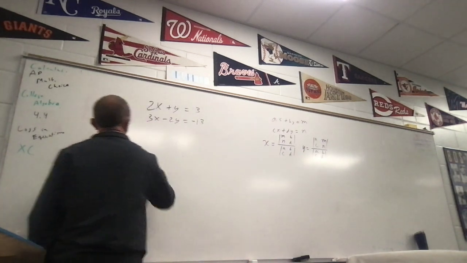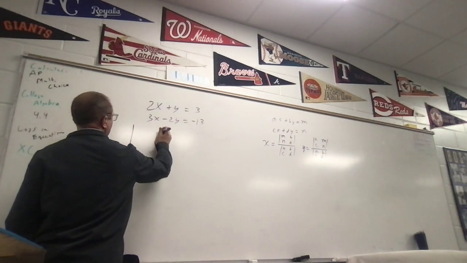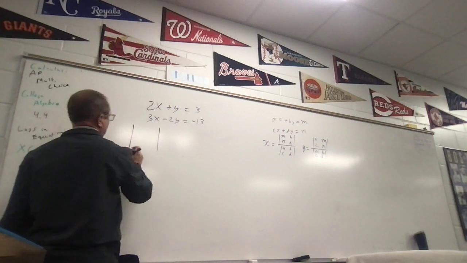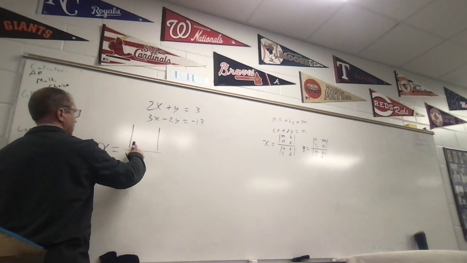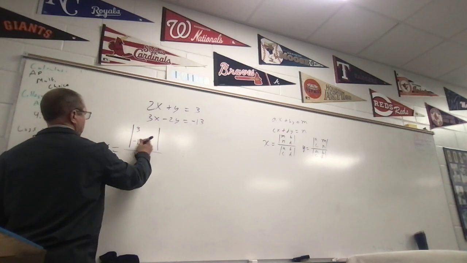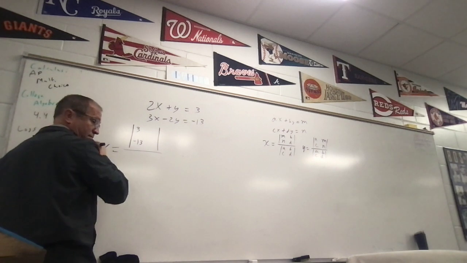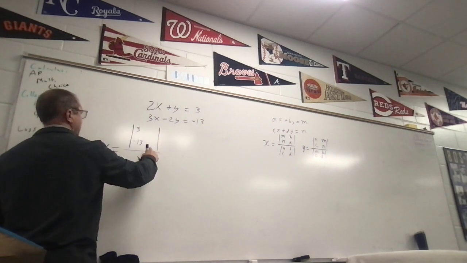So here, for my x coordinate, what would be my column right here? 3 and negative 13. Okay, is there a question about that? All right, what would be my column here, someone else?